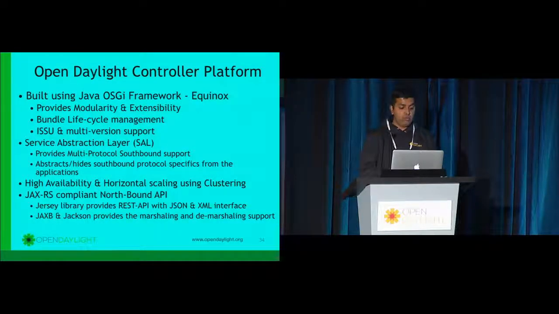It is one of the most important layers of the controller. If you take all the southbound plugins, one thing in common is they all talk to the SAL. The implementation of each plugin, whether it's OpenFlow, OVSDB, or NetConf, has its own protocol implementation, but all plugins talk to SAL. That's the only commonality among them.